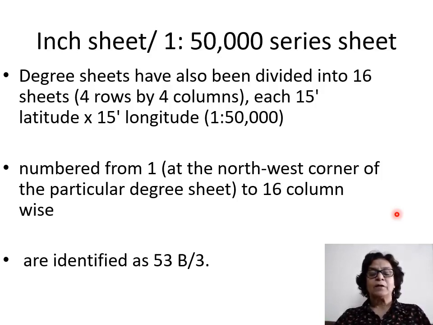They are numbered with digits again. Since there are 16 of them, it is numbered from 1 at the northwest corner up to 16. So if we write the index number as 53B by 3, we are referring to an inch map or a 1:50,000 series map.